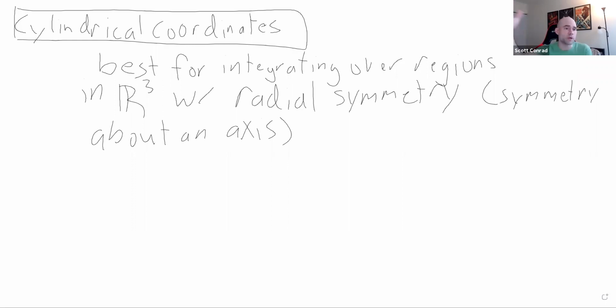So the actual region won't be radially symmetric, but if you take the entire thing, like we could take a piece of a cylinder, like half a cylinder, the entire cylinder itself is going to be radially symmetric. But yeah, so for instance, it's going to be symmetrical about the z-axis in this case, but we can actually use cylindrical coordinates about other axes.